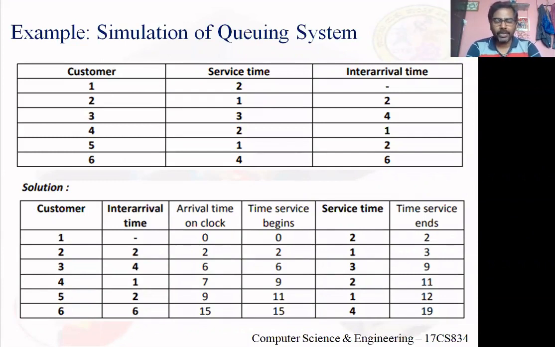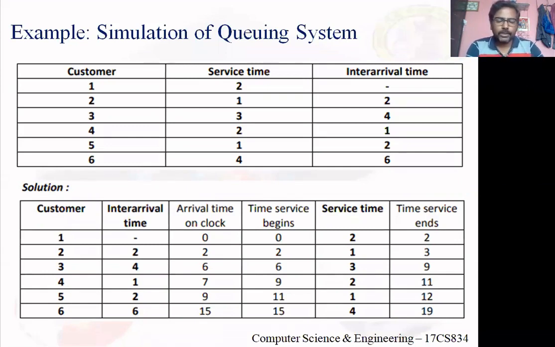For example, what is the time spent by the ith customer in a system? The time the ith customer arrives to the time the ith customer departs. Got it? I mean, the time spent by the ith customer is nothing but the time from his arrival to the time his service ends. Clear?